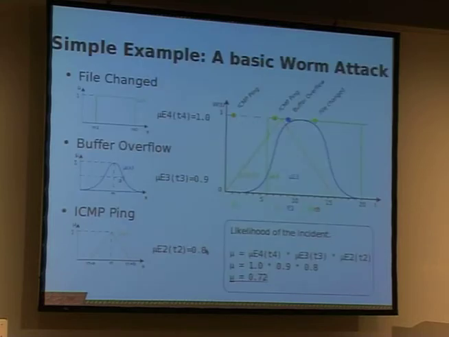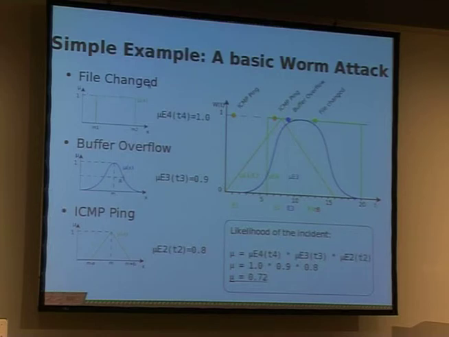This is an example for the correlation. As you might remember, the example from Frank in the beginning was a similar attack or incident. For each event, we assign a membership function.